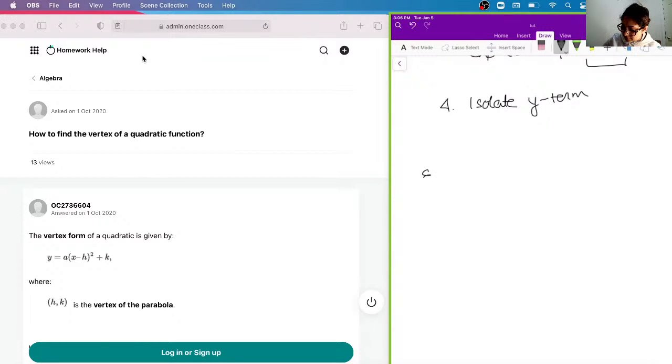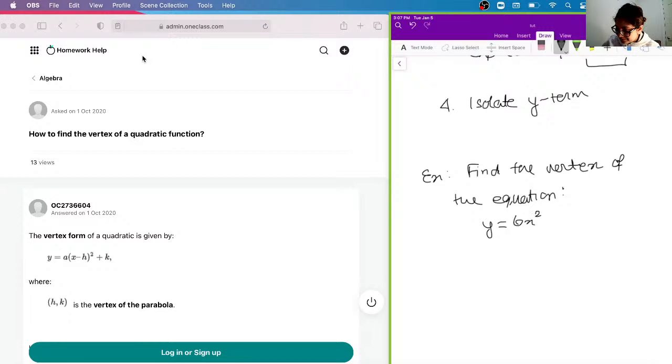Let's say the example says to find the vertex of the equation y equals 6x squared plus 12x minus 10.